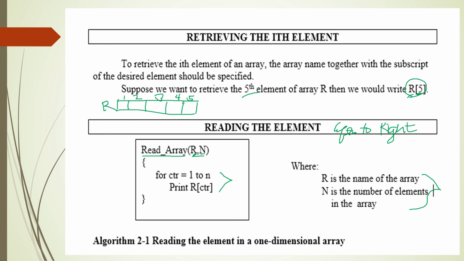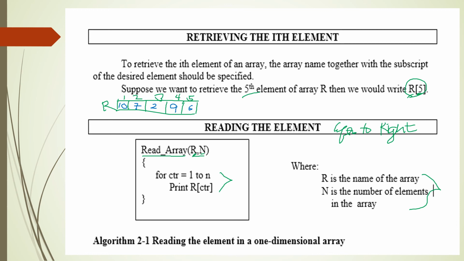Let us say that the contents of the array are numbers: 10, 7, 2, 9, 6.